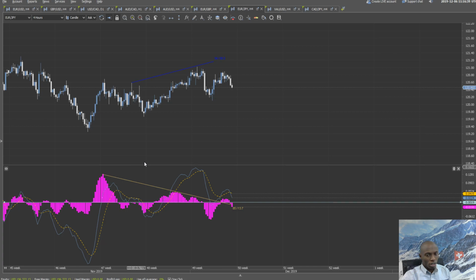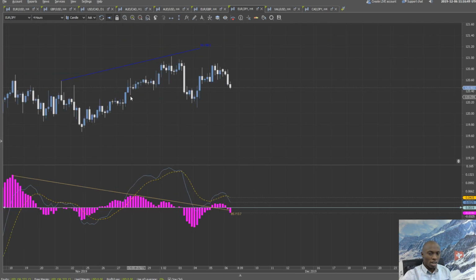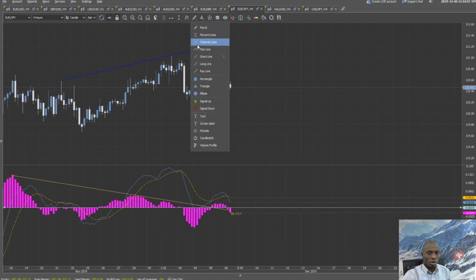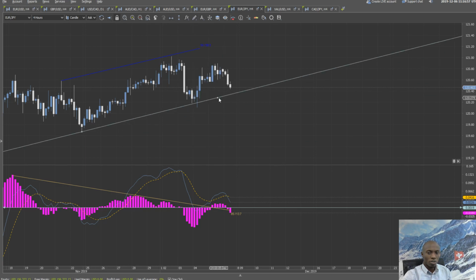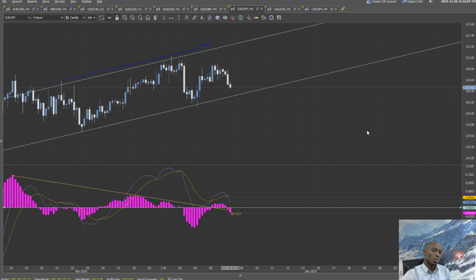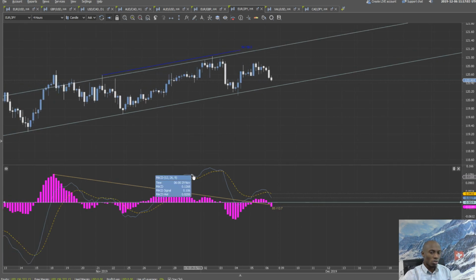So it's already showing that the price is losing momentum, that the price is declining on the MACD histogram, but on the candlestick formation it is showing that this currency pair is trading bullish. Or in other words, I can put it in with a channel even. You can see it's kind of trading an upside channel. This is where you know your convergence or your divergence.